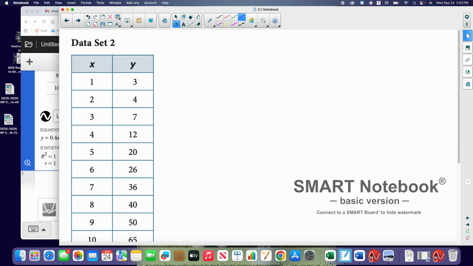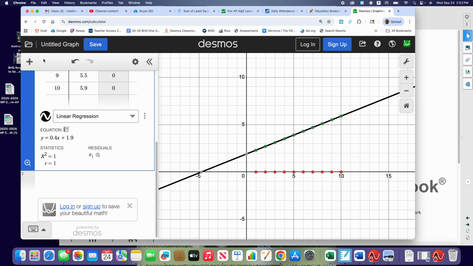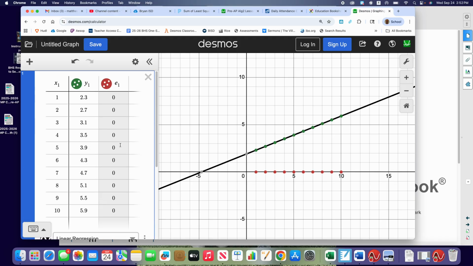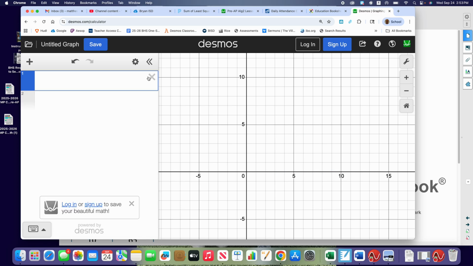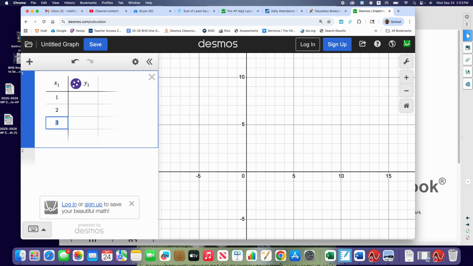So if it's me, I'm probably going to go up here to my table. If you keep going, it's going to get really crowded over here. I'm just going to hit the X and get rid of that so I can start fresh. So I'm going to hit the plus sign again, hit table again, and start entering my points.